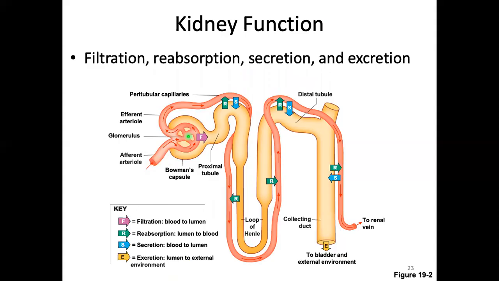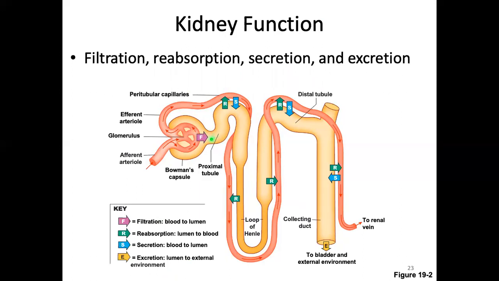So the glomerulus, what's the job of the glomerulus? To do filtration, right? It filters almost everything out, except for large molecules like your red blood cells, your white blood cells, your platelets, and your albumins. And so everything else is filtered out.